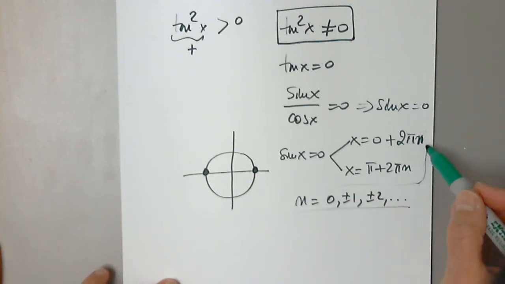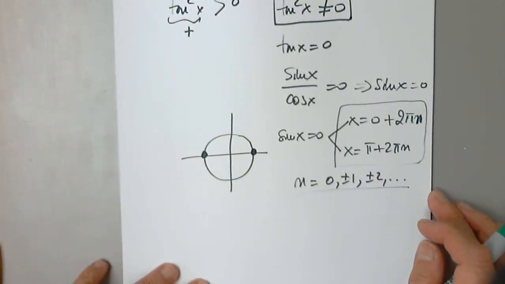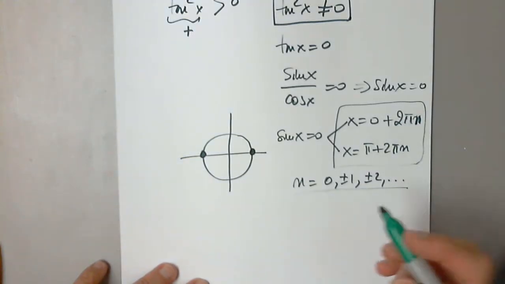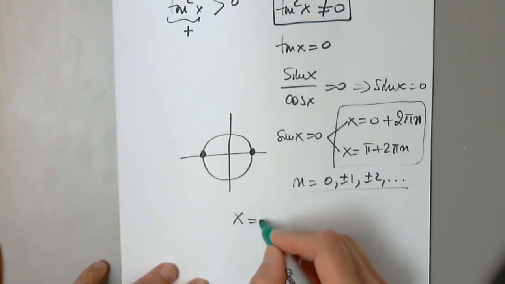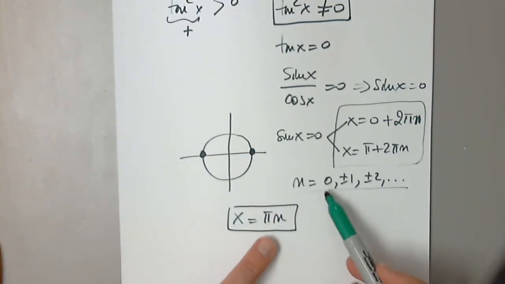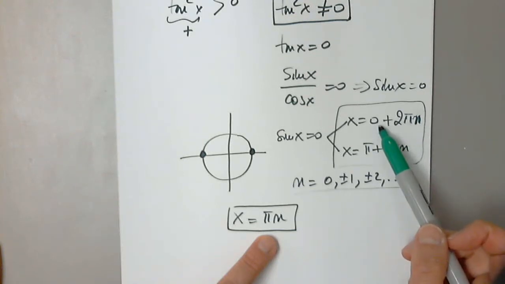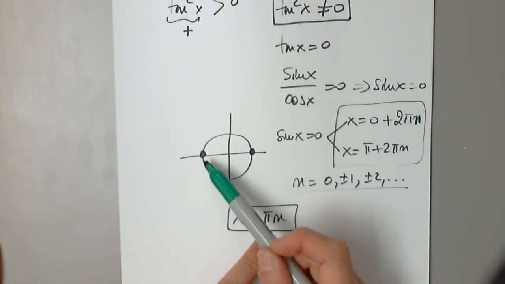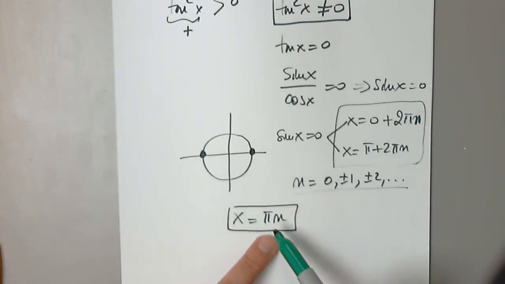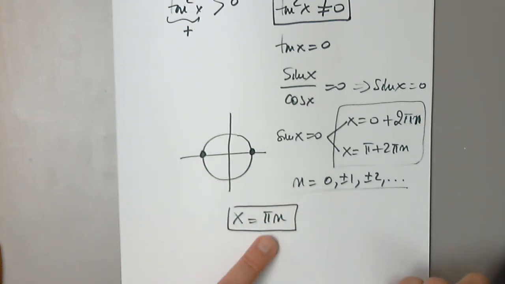Now, these can be condensed as simply pi n. So x is pi n. Let's see if we get that. If n is 0, I get 0. If n is 1, I get pi. If n is negative 1, I get negative pi.